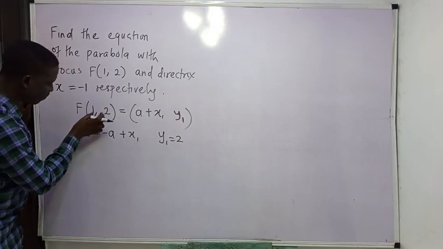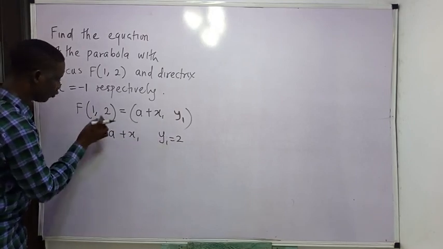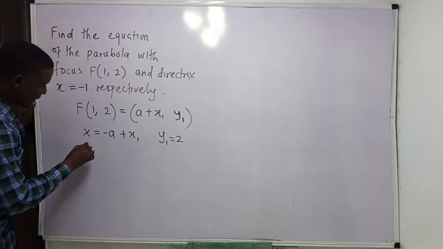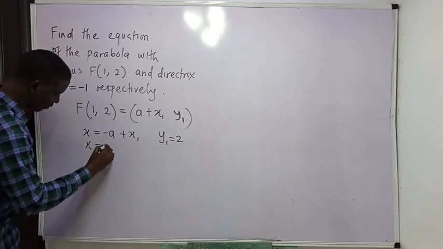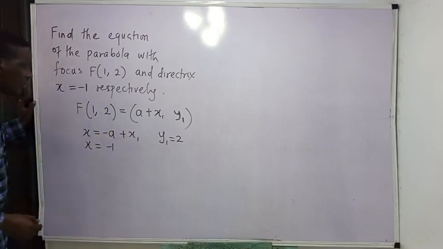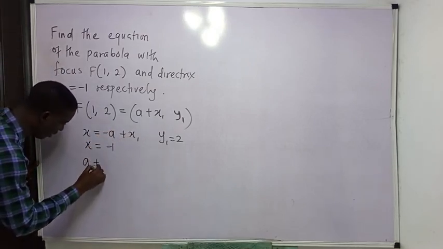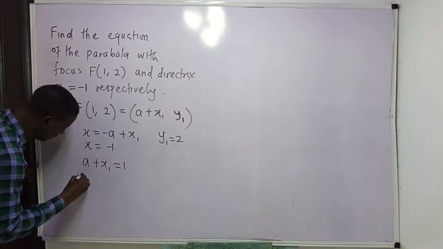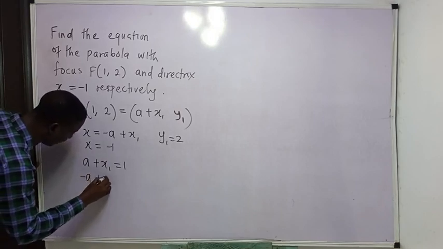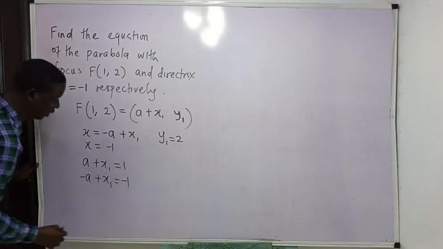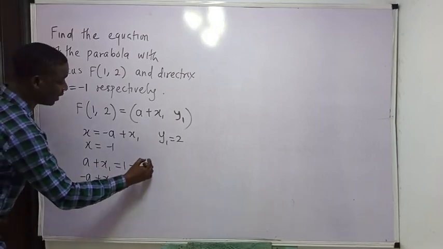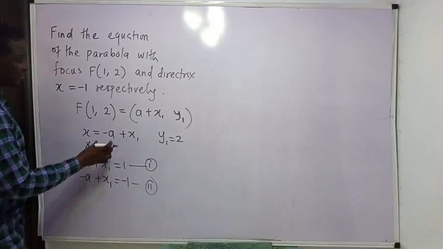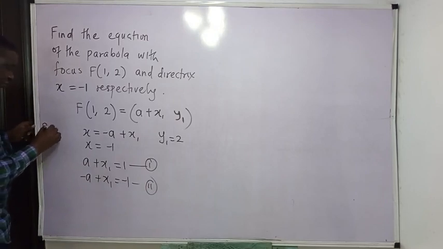Let's pick this equation and equate it to this one, and pick this -1 and equate it to this. So a plus x1 equals 1, then minus a plus x1 equals -1. Equation 1, equation 2. This is the equation of directrix.